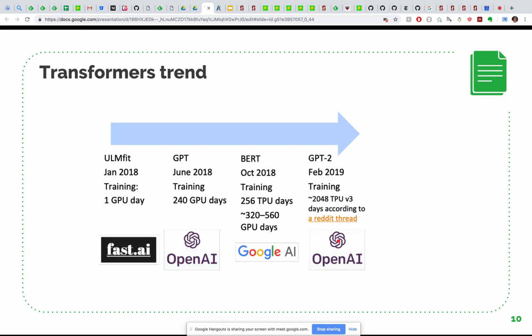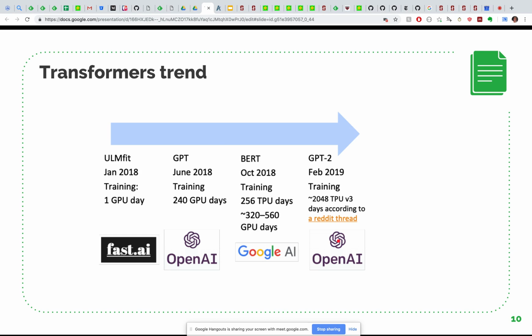What ULMFiT gave to the community is that it was made to be available for everyone. It was made to run on just one GPU and with a relatively small model, so everyone can run such a model on fastai and achieve good results. But from that point, a few huge corporations made some large-scale experiments, and they outperformed results on many tasks.